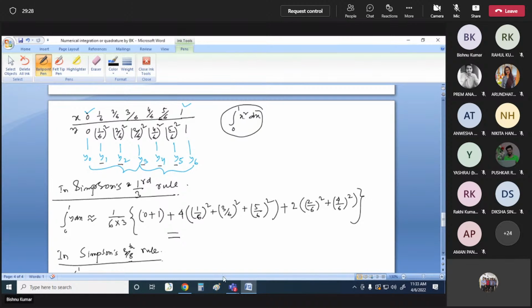Sir, just a minute. This is 0 plus 1. This is 4 multiplied within the bracket by 1 by 6 square, 3 by 6 square, 5 by 6 square, plus 2 within the bracket 2 by 6 square plus 4 by 6 square. Outside you also have 1 by 6 into 3.